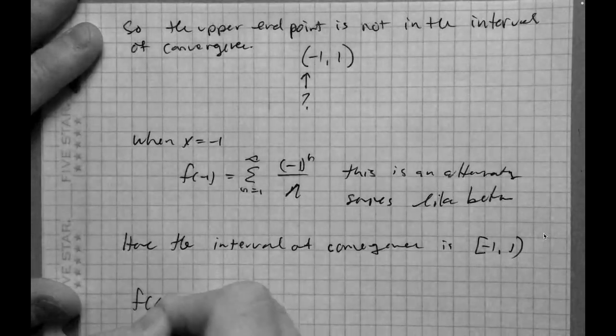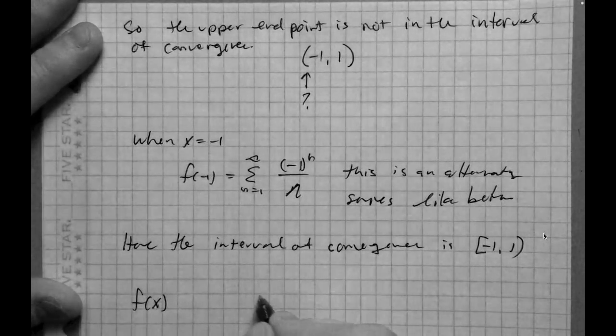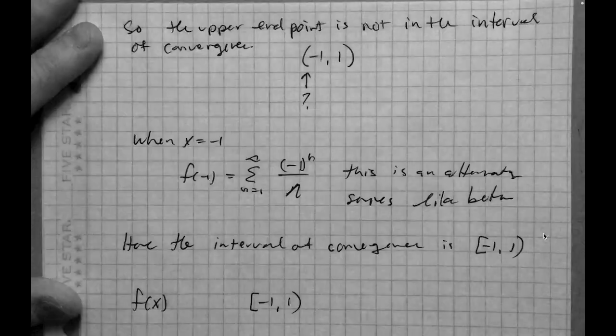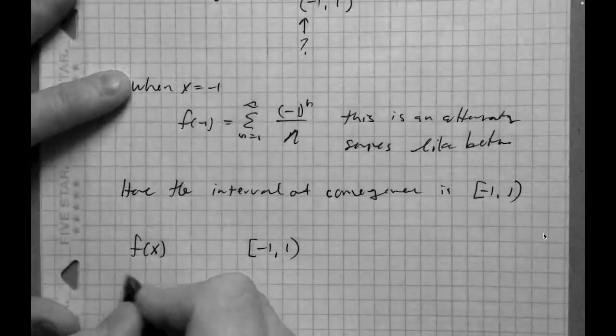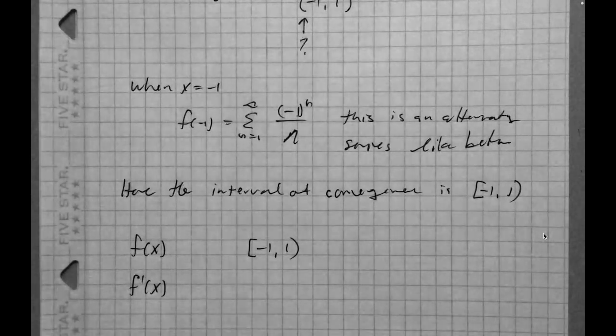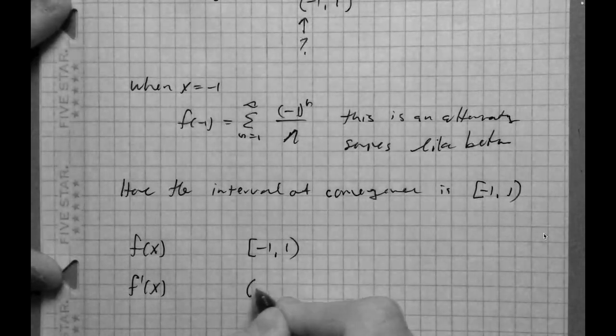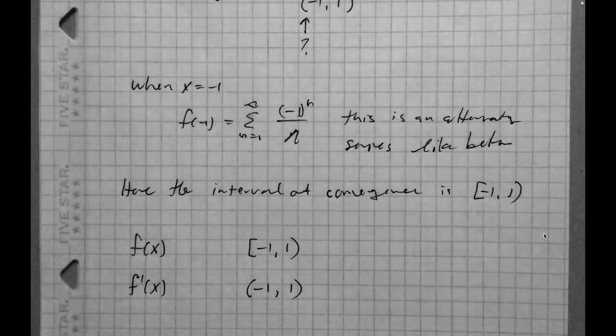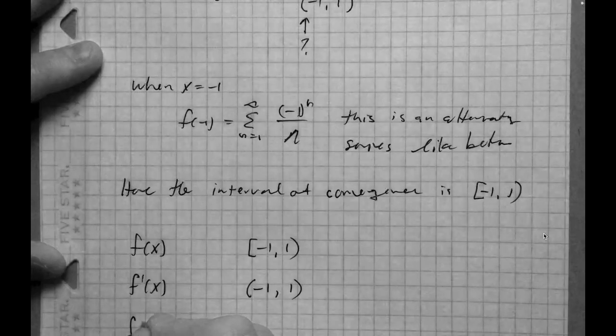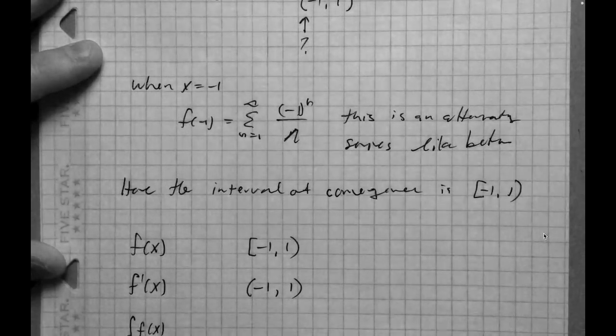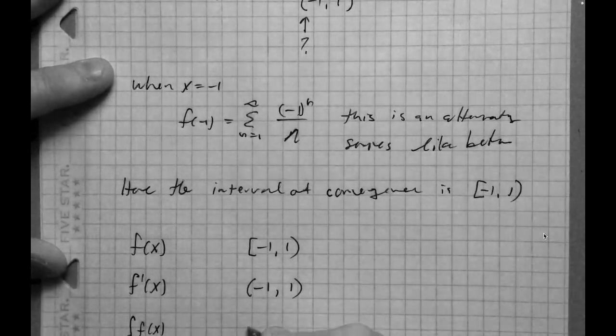Right, so for f, the interval was -1 up to 1, open on the top. For the derivative function, what was it? It was open on both ends. And for the integral, what did we have? Closed on both, right?